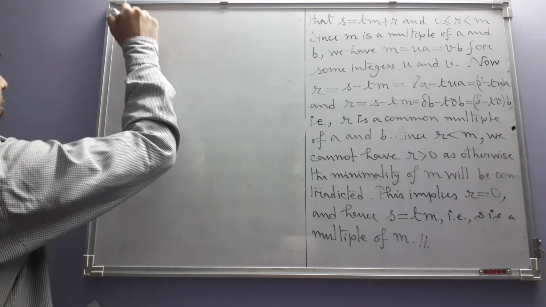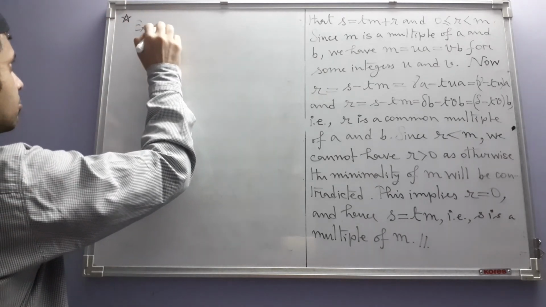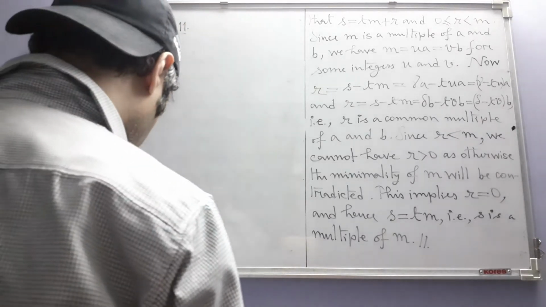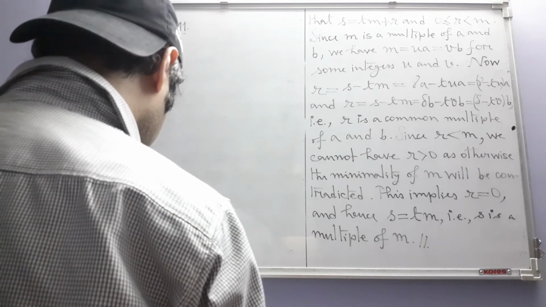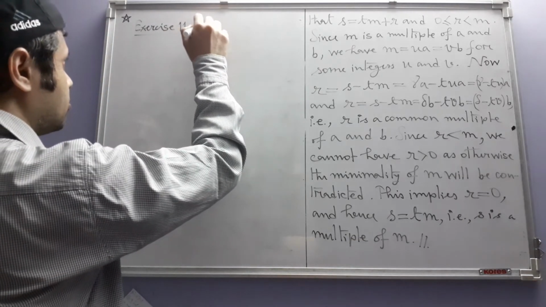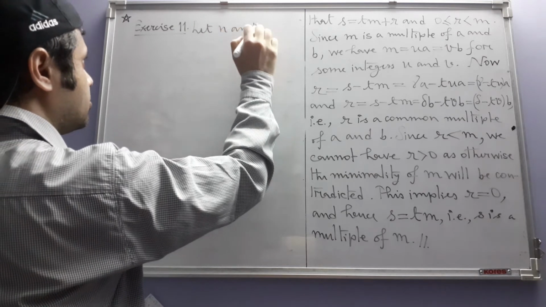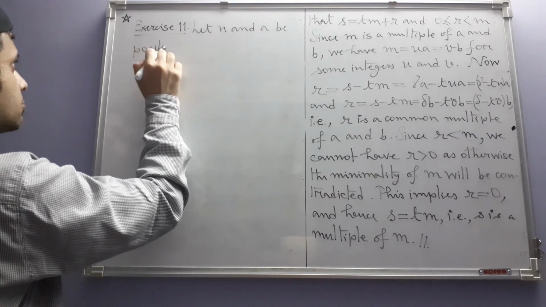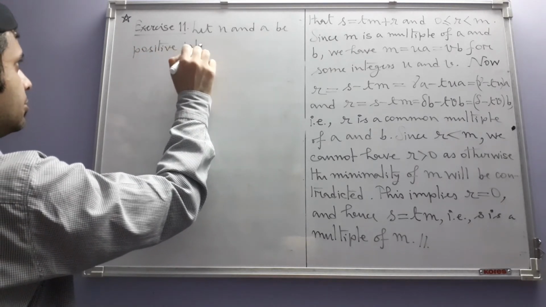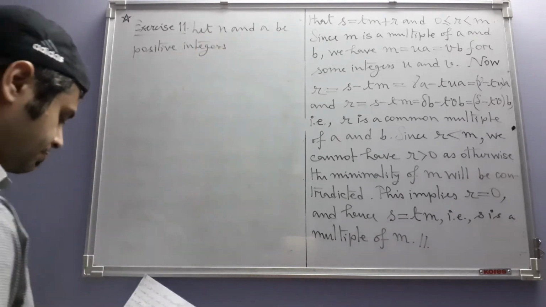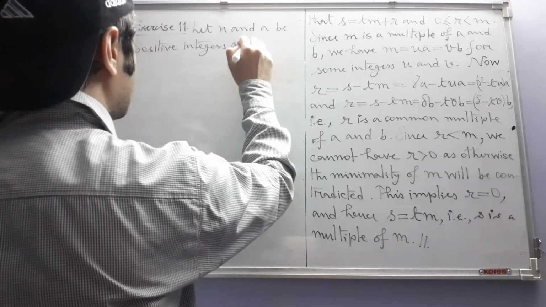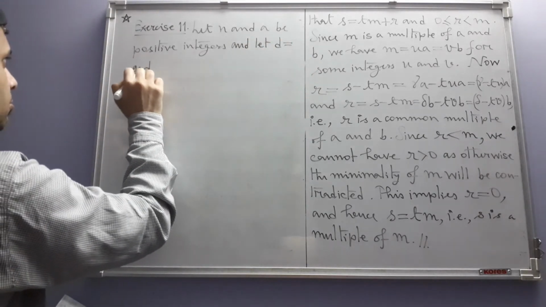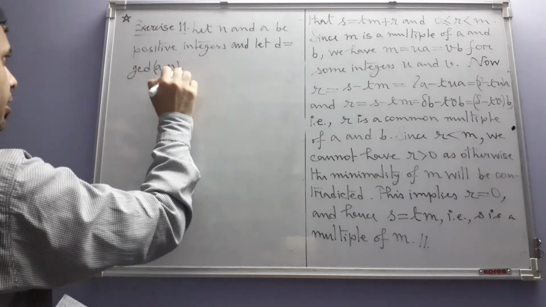Okay, next, exercise 11. Let n and a be positive integers, both positive integers, and let D be the GCD of a and n.